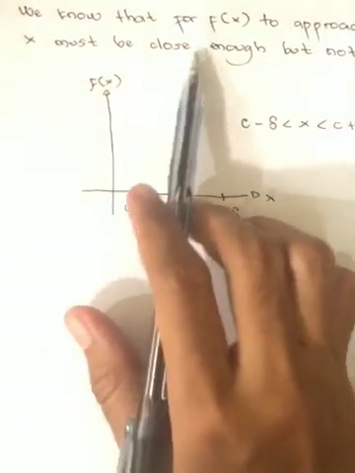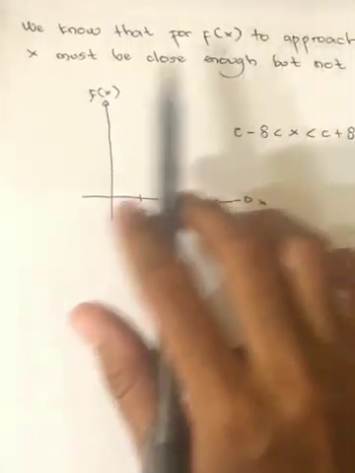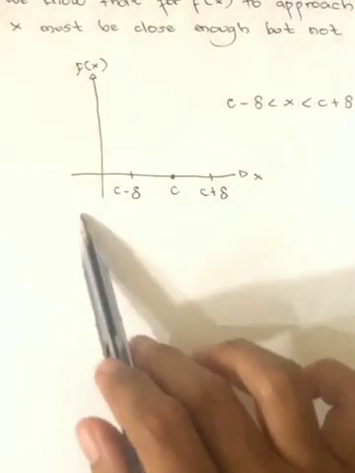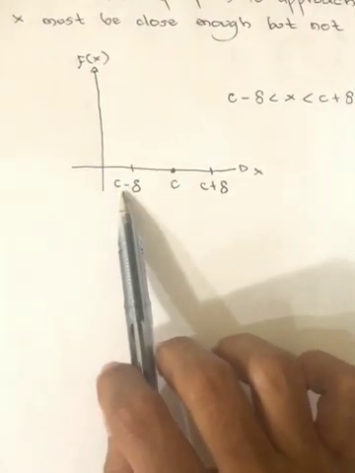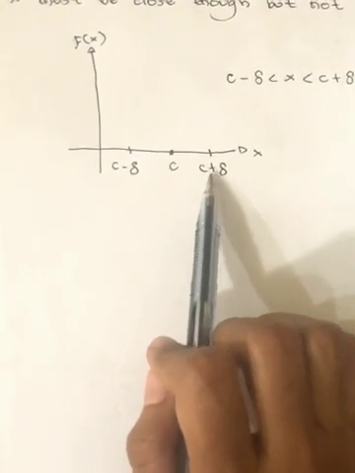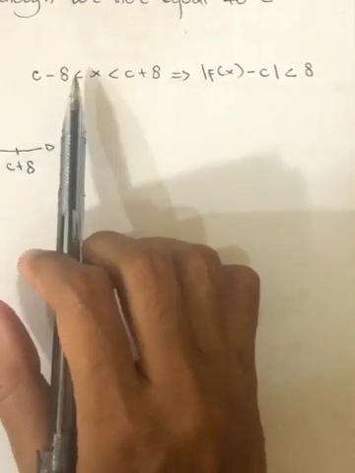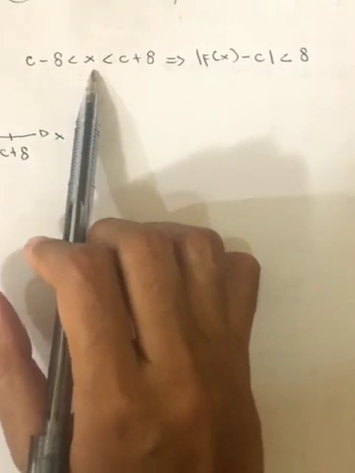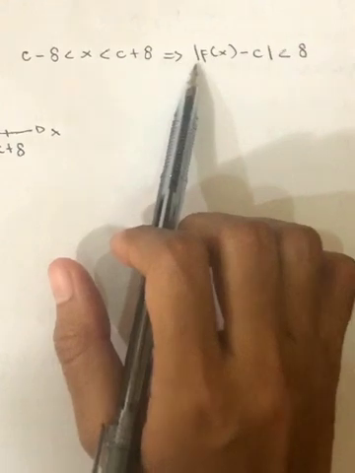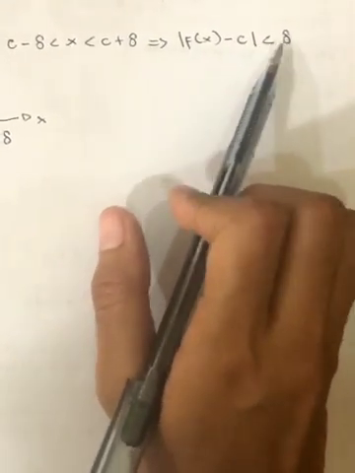For f(x) to approach L, x must be close enough but not equal to c. See here, from the left side c minus delta, and from the right side c plus delta: c minus delta less than x less than c plus delta implies the absolute value of x minus c less than delta.